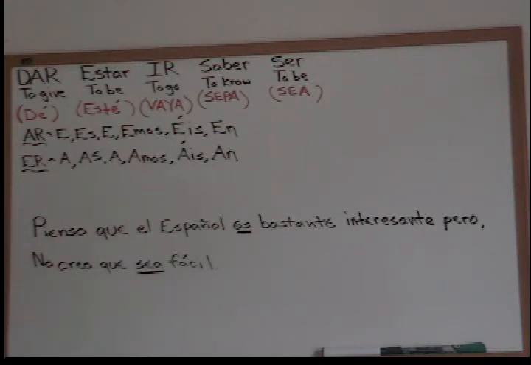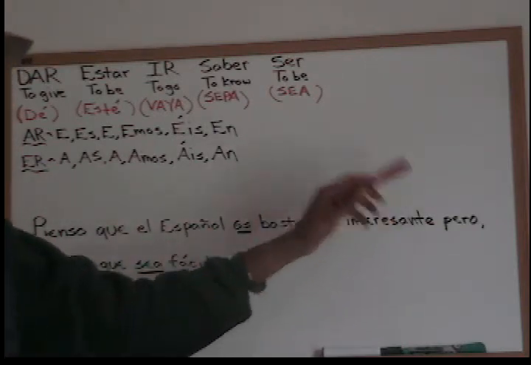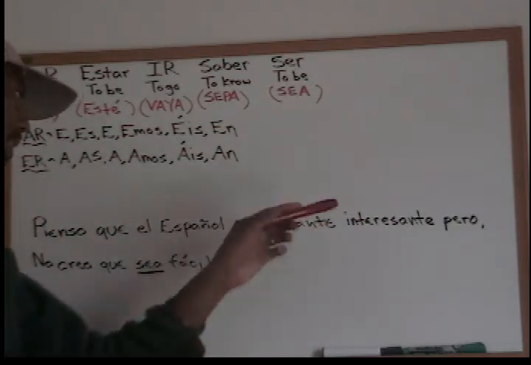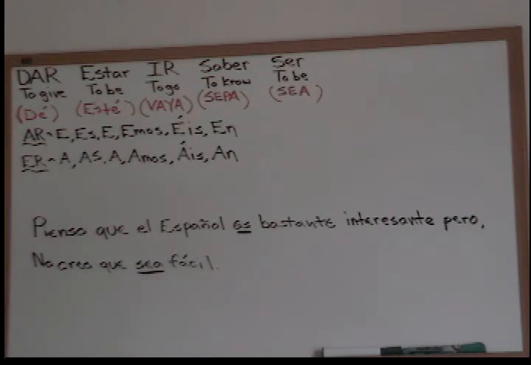And I want to go back and use the regular "to be," which is es. So I say, okay, I want to say "pienso que el español es bastante interesante," so I think Spanish is quite interesting, but... and then I was like, okay, after that sentence, what can I say for the sea? And I say, oh, "no creo que sea fácil."